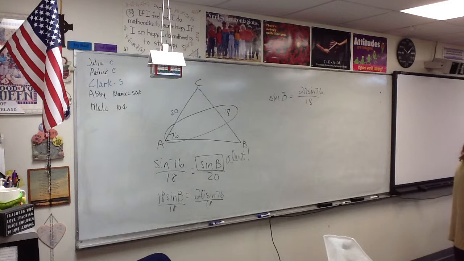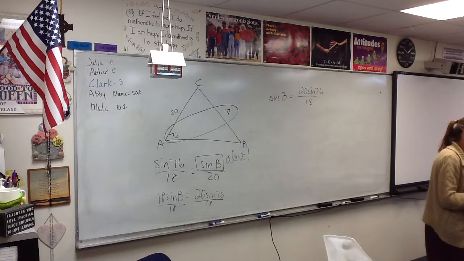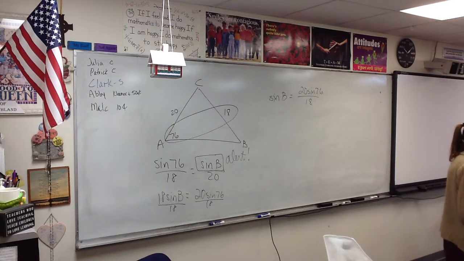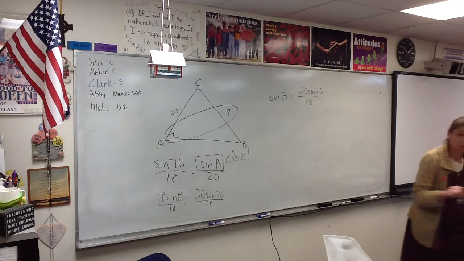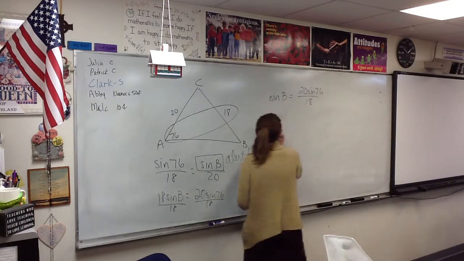Now, press second sine, second answer. And remember, the answer button is the negative button at the bottom. And press enter. You got an error. You should have gotten an error. That means this triangle has no solution.